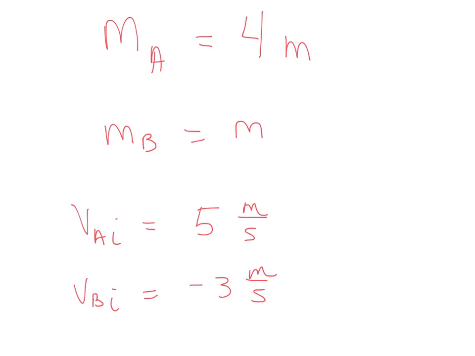Object A has a velocity of 5 meters per second before the collision, and object B has a velocity of -3 meters per second before the collision. If the velocity of object A after the collision is 4 meters per second, find the velocity of the other object after the collision.